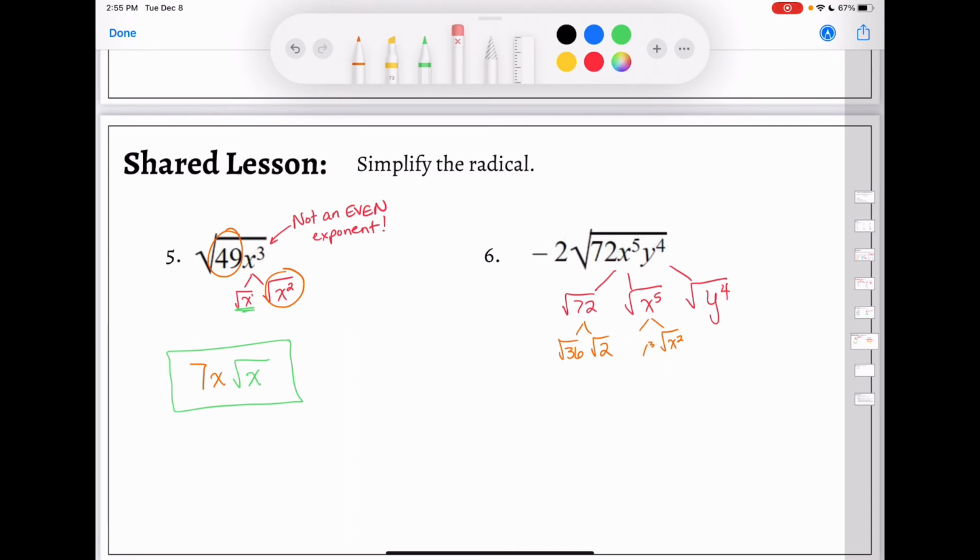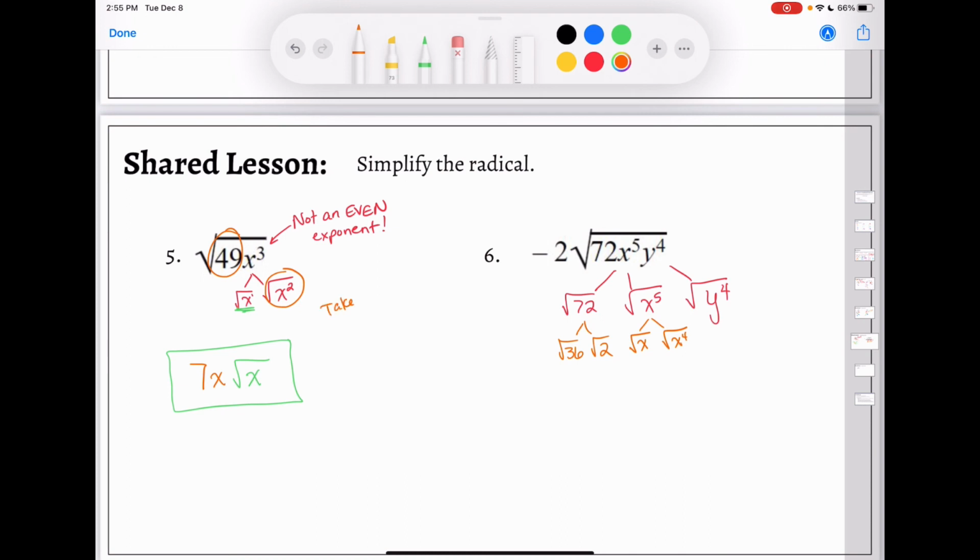So the trick with our variables is, if you have an odd exponent and you're trying to break it down, take 1 off the square root of x. Put all the rest in the other radical, square root of x to the 4th. And that will be the biggest perfect square in there, okay?